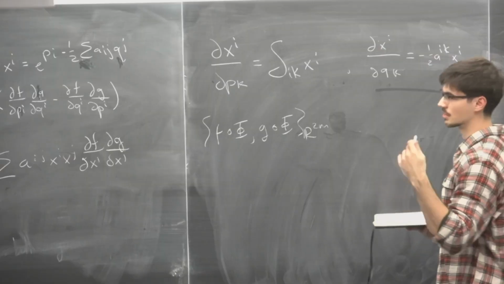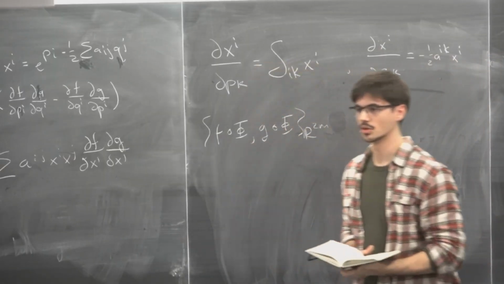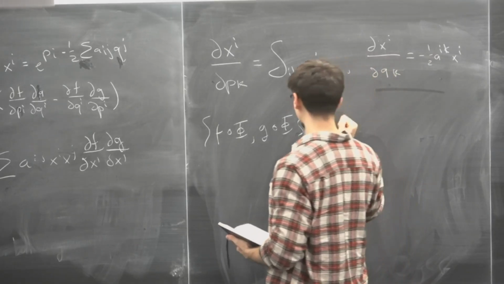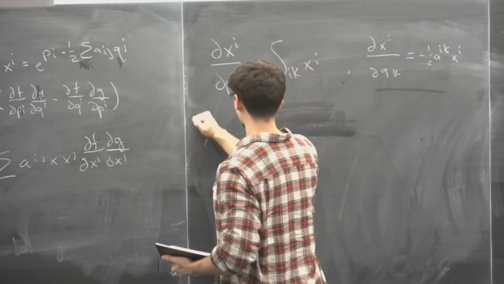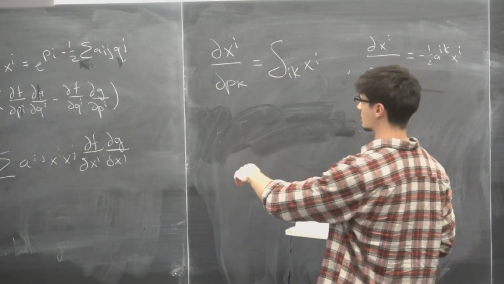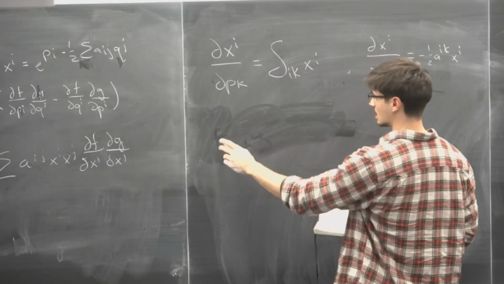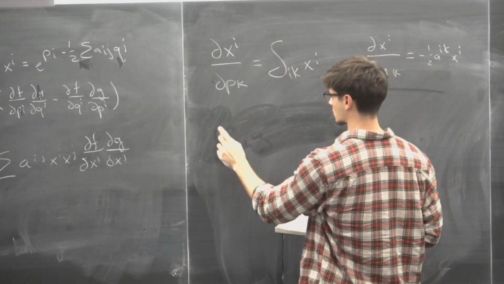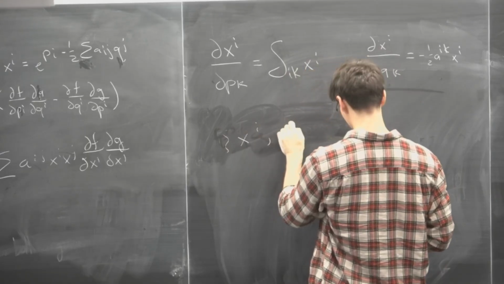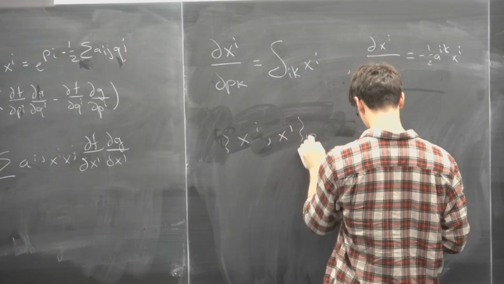The other thing is, remember I talked about how it's innately a local thing, this bracket. So we actually only need to check it on local variables. So to check this property, we need only check that it satisfies locally. And so locally, for any functions f and g, phi composed of f, g will just pick up some local coordinates.